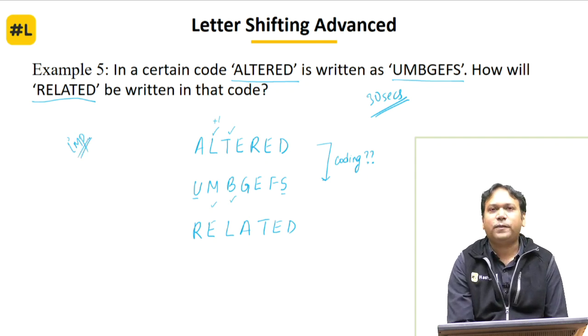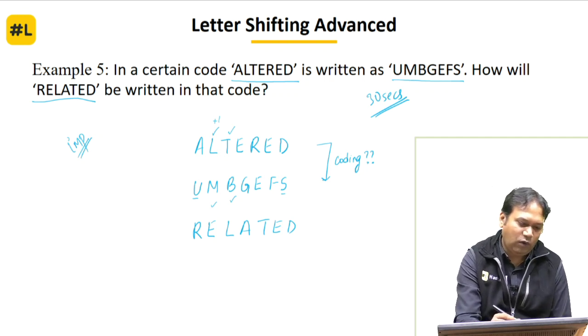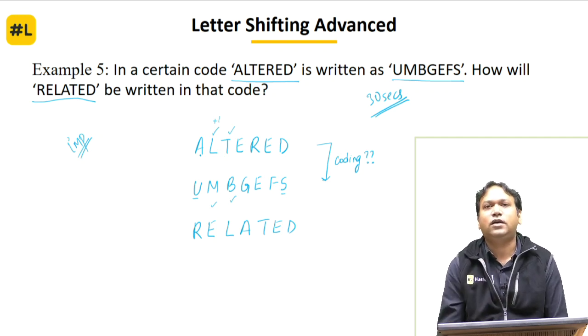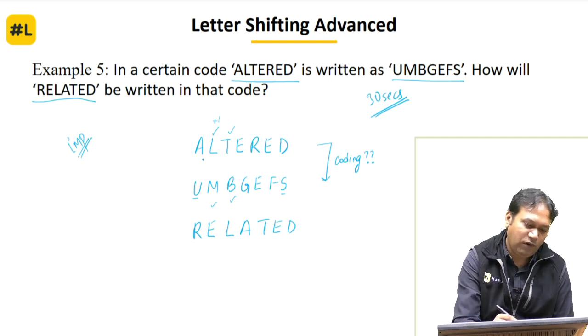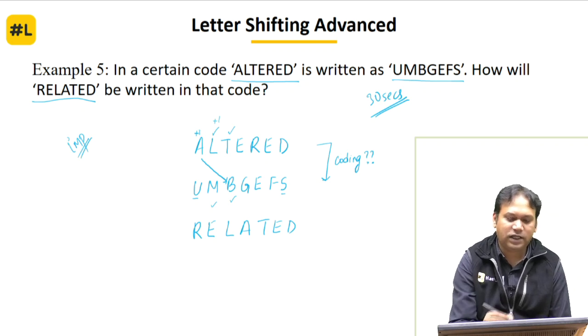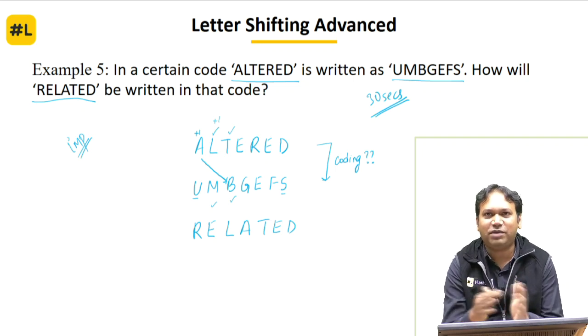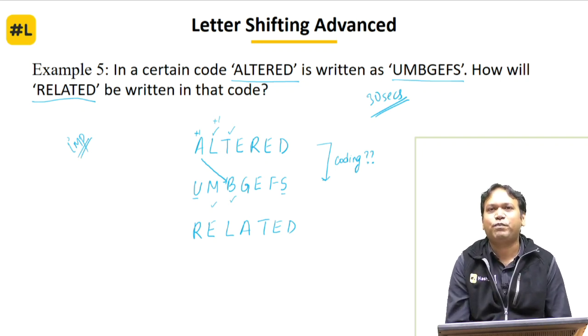This is based on the cross coding technique. Here what is being done is, instead of coding letters linearly, one below the other, we are doing cross coding. A and B: A plus 1 is B. Every time you are not going to get the same simple question, plus 1, minus 1, plus 2, minus 2.